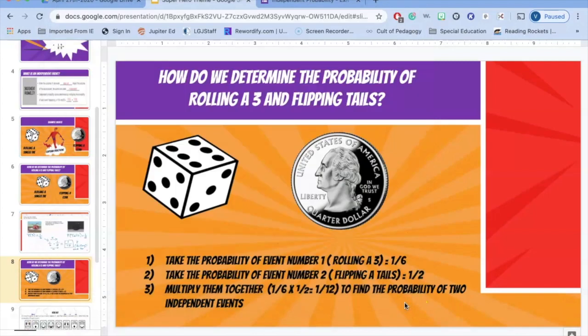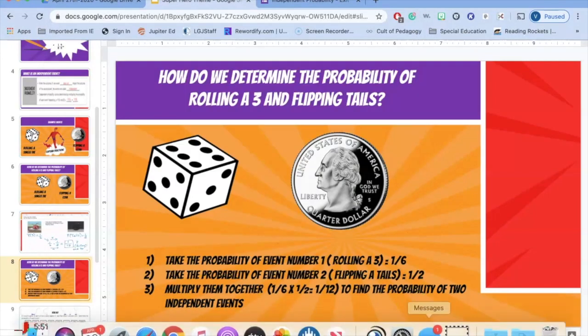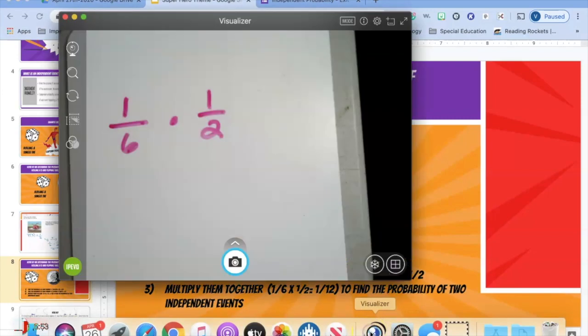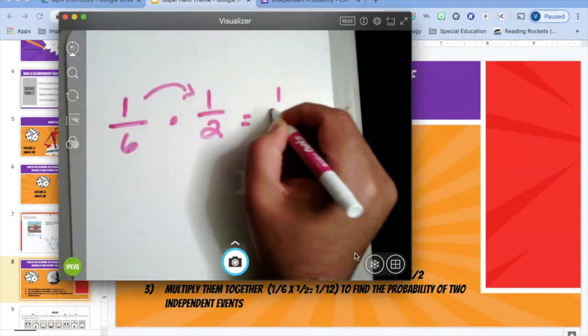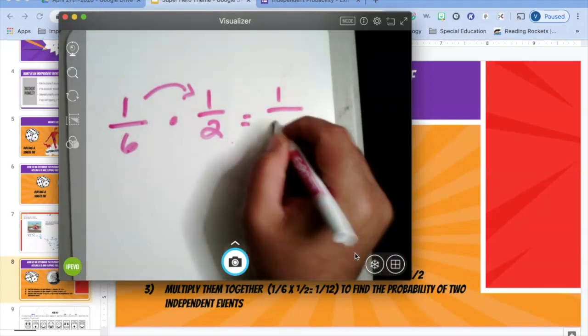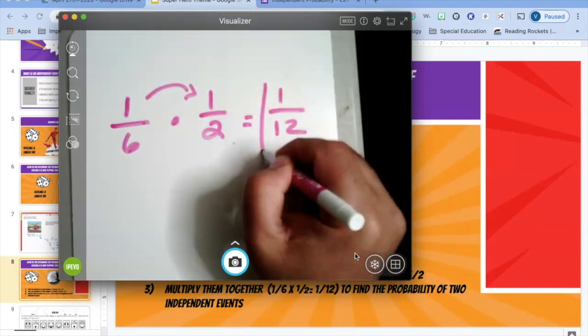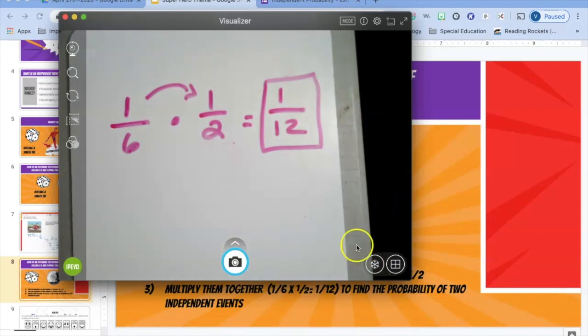And then I multiply them together. When I multiply these two together, I get 1 times 1, just like we saw in the video, is 1. 6 times 2 equals 12. And now I found the probability of 2 independent events.